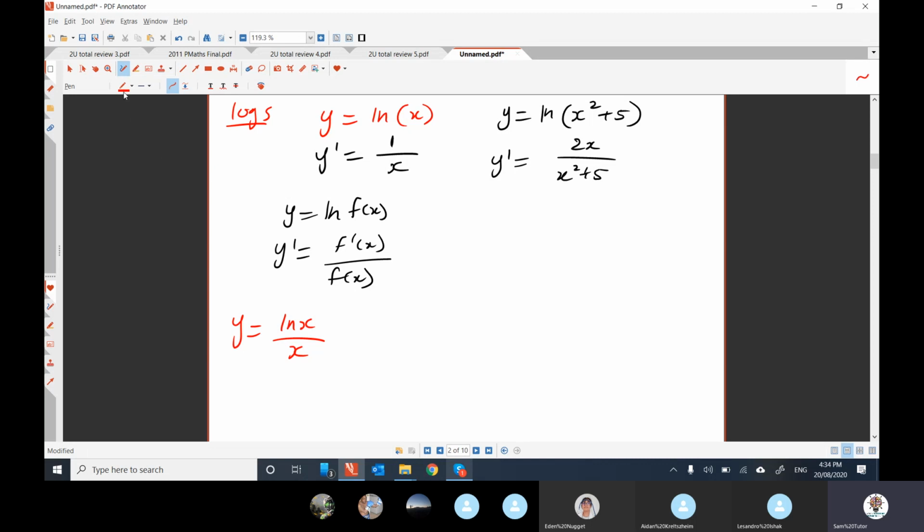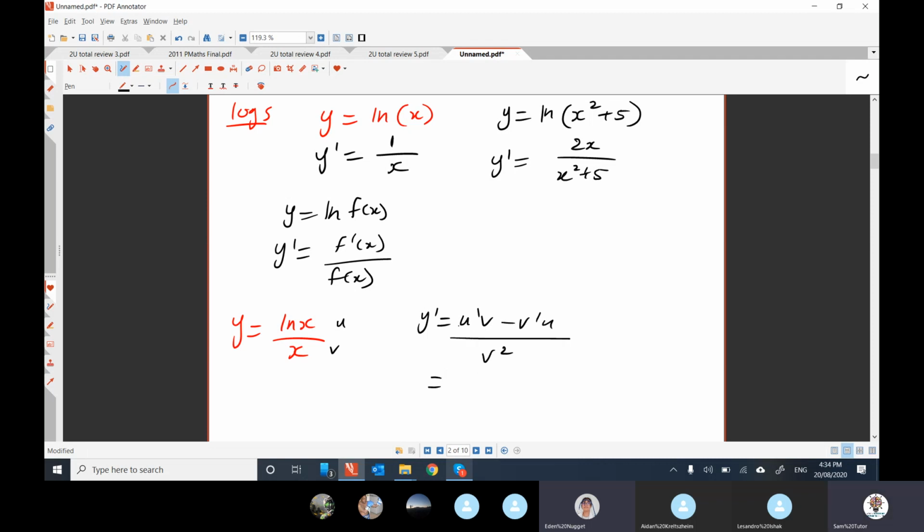Oh God. Which isn't too bad if you realize it's quotient rule. U, V. Yeah, tell me. Eden, go. Differentiate. Yeah, u dash v over v squared.